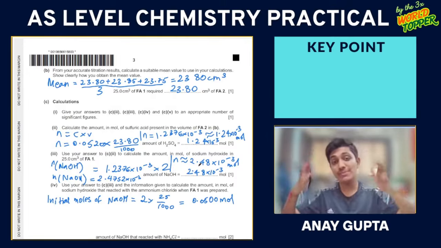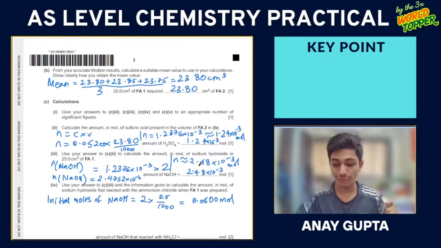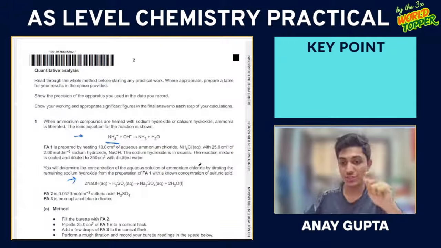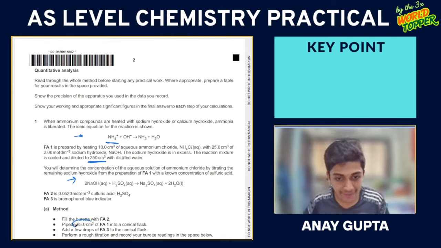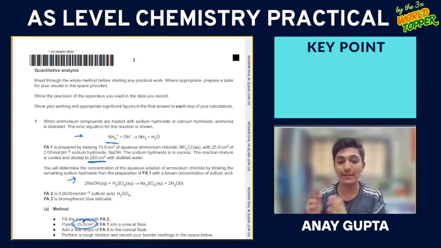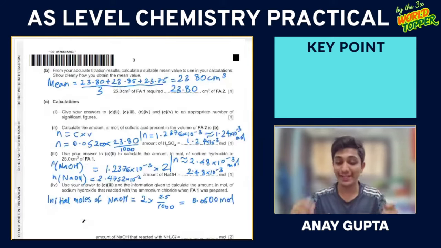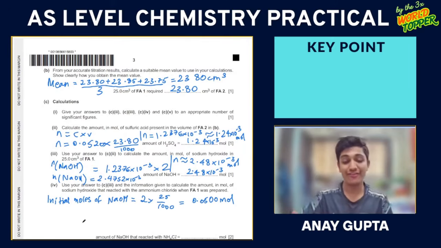This mistake is another mistake I see a lot of people making, is they don't read the question fully. Okay, so the reaction mixture is diluted to 250 centimeter cube. Okay, but so there is initially 250 centimeter cube, but the titration is happening with only 25 centimeter cube of Fa1. Okay, the titration is happening only with 25 centimeter cube of Fa1.